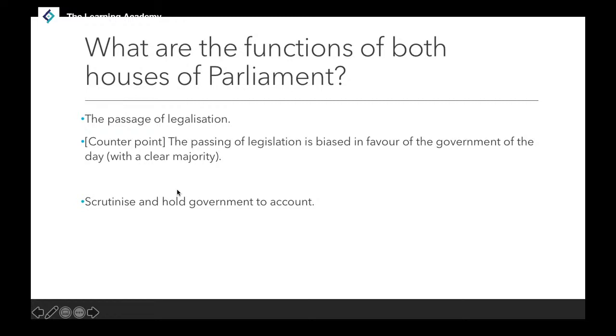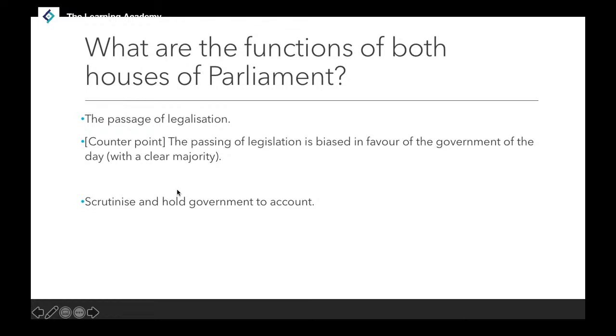So we have a kind of weird system that's obviously developed over a very long time. So the question is, to what extent does Parliament scrutinise the government and hold government to account?